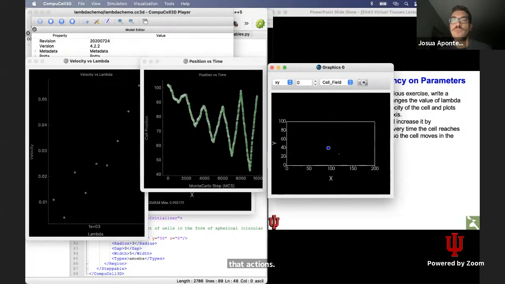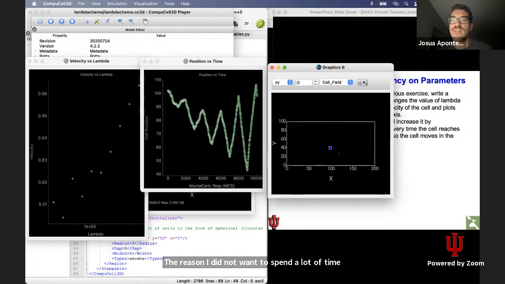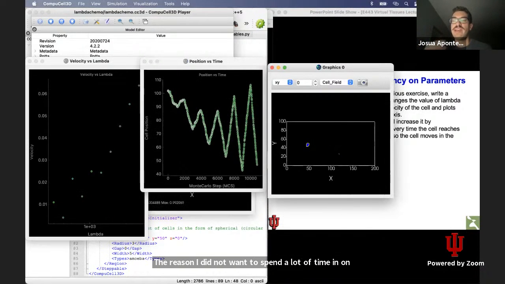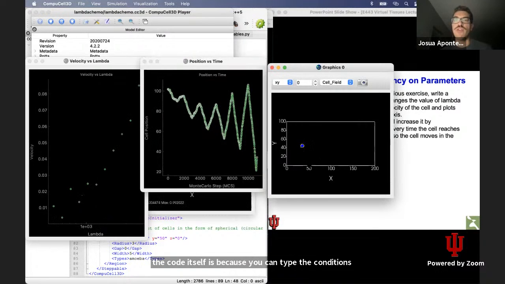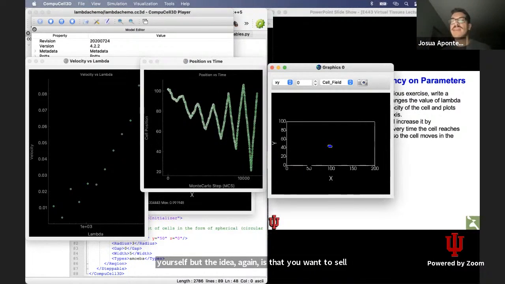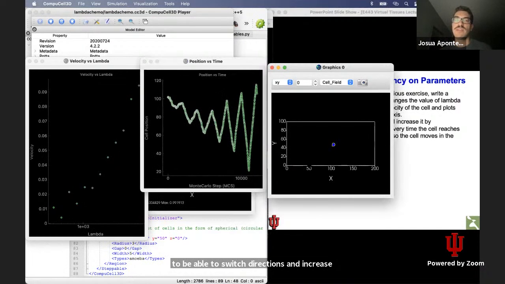The reason I did not want to spend a lot of time on the code itself is because you can type the conditions yourself, but the idea, again, is that you want the cell to be able to switch directions and increase the lambda chemotaxis.